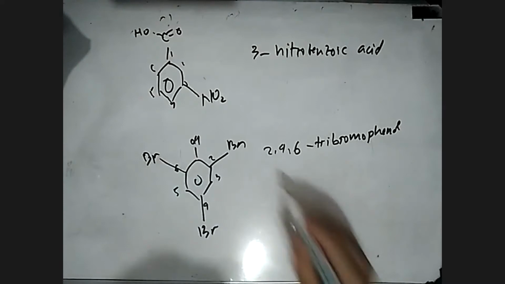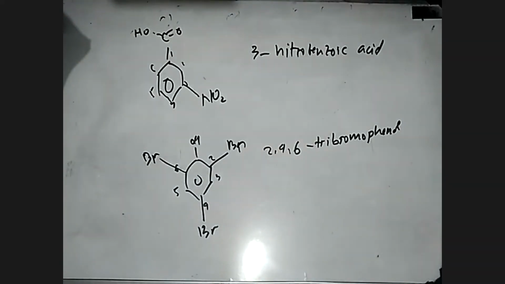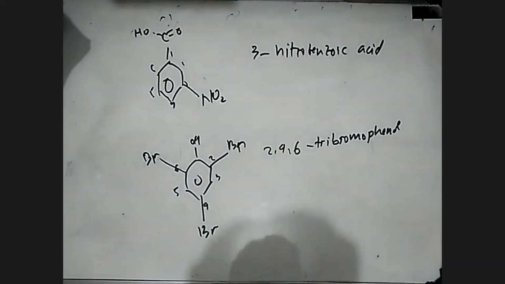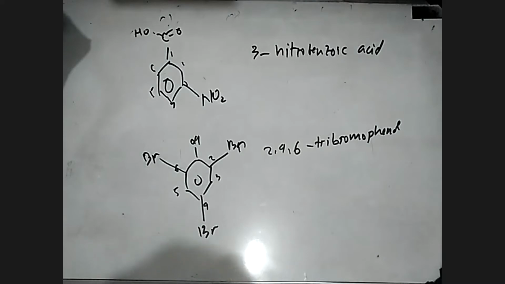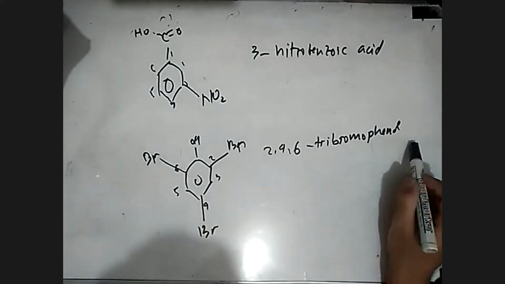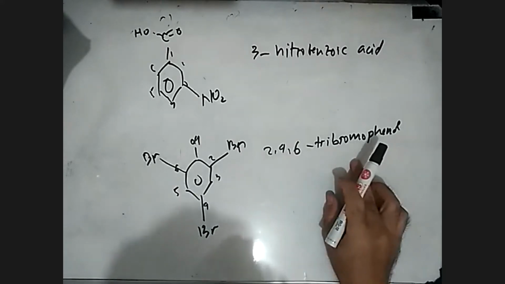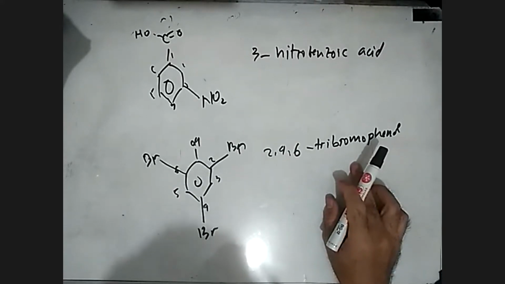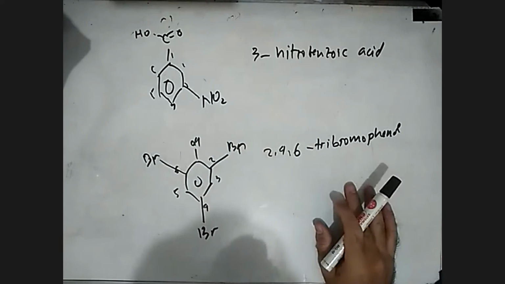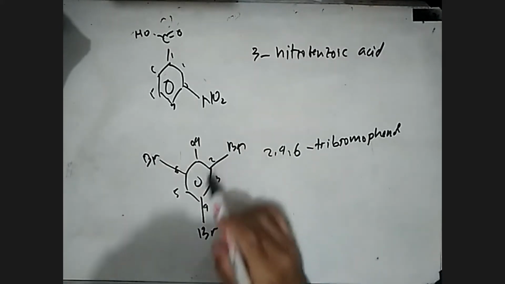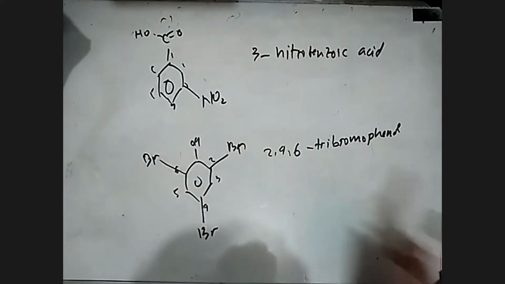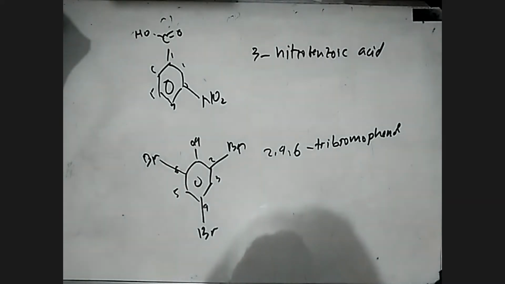Br and Br and Br. That is the way we are going to sketch a molecule if we know the names. We're going to start from the last. It's phenol. Write phenol first. 2,4,6-tribromo is the extra substituents. Number the carbon. 2, 4, 6. Put bromine into it.